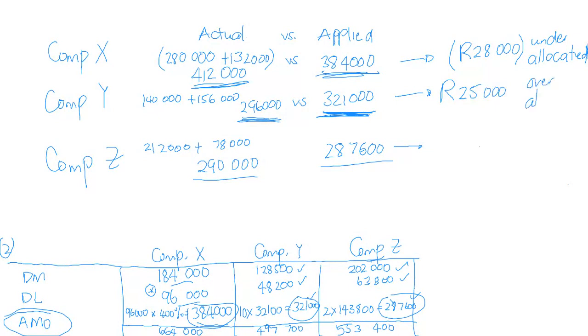And you must state that. And then the last one for company Z, it ended up being 290,000, which is here, the actual, but we had only budgeted for it to be 287,600. So is that an over or under? Yes, an under allocation, and the amount is 2,400 within brackets, and you'll state that it's under allocated.